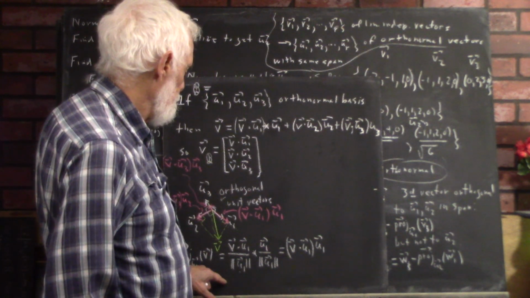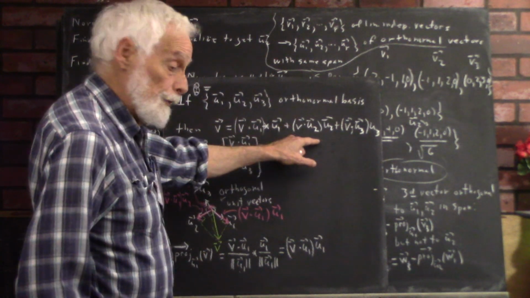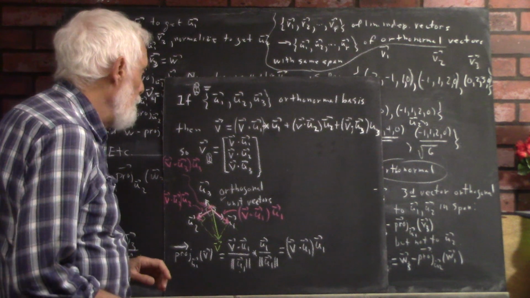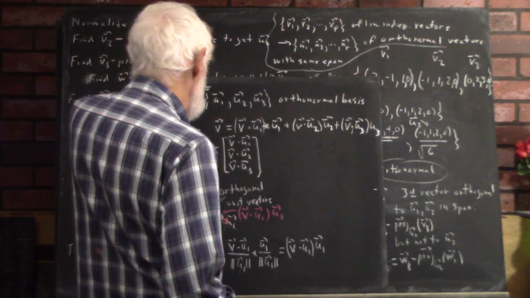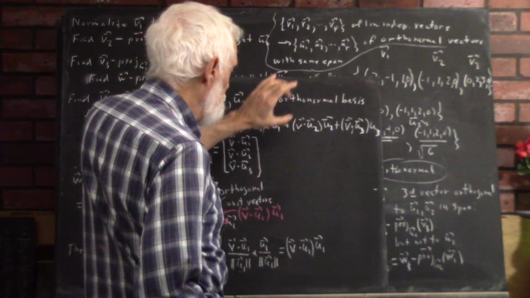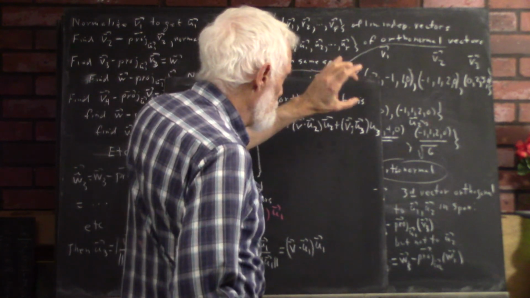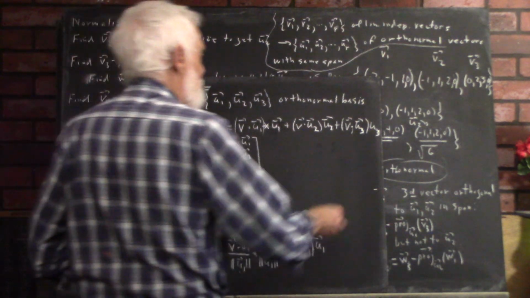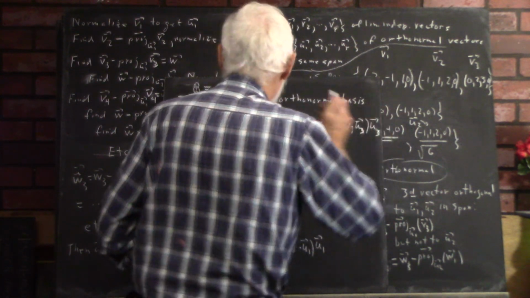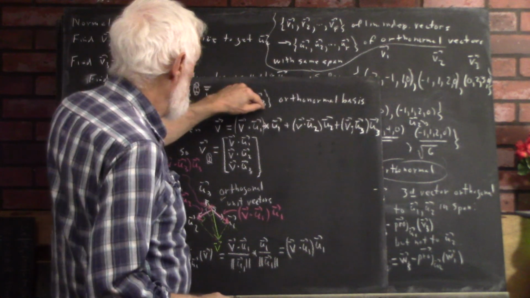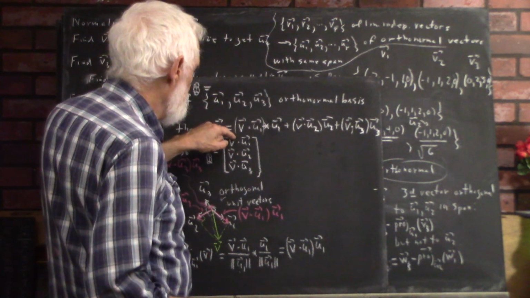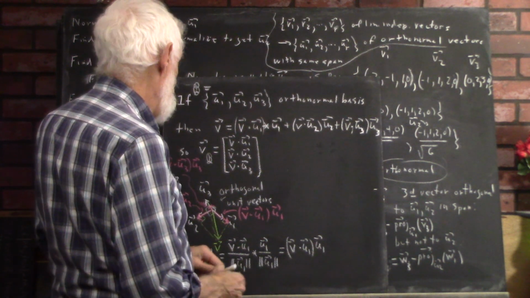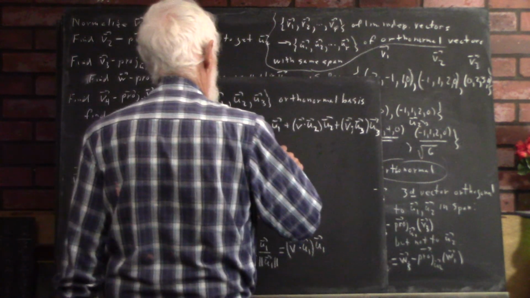So all I'm doing down here is showing you why this is. And if V is this multiple of U1 plus this multiple of U2 plus this multiple of U3, then in terms of the basis U1, U2, U3, this vector is this column vector, because that's what this column vector means.